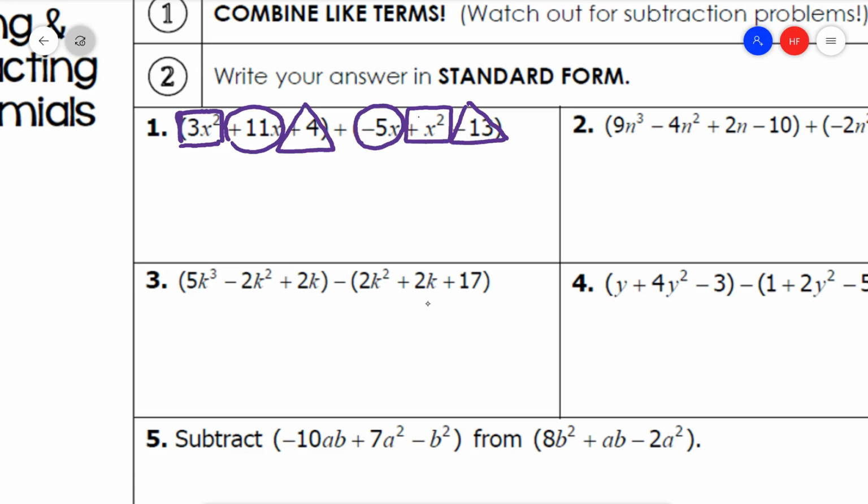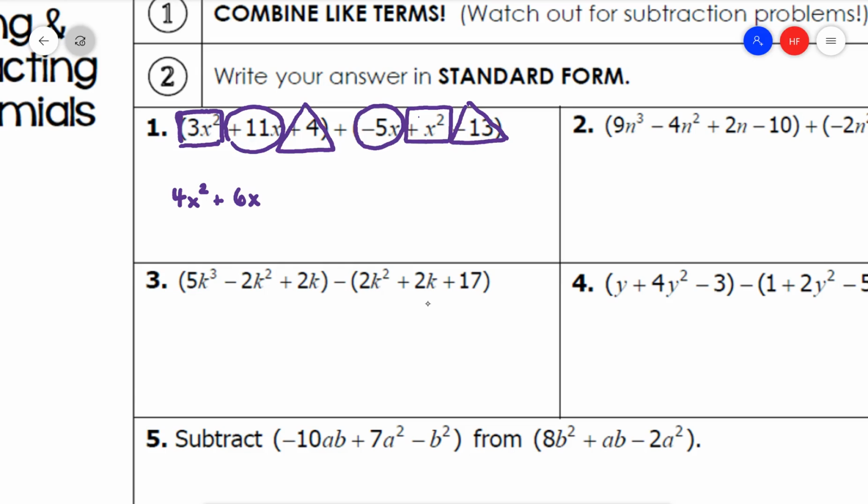So I have 3x squared plus x squared, so 3 plus 1 gives me 4x squared. Then the next would be just an x term, so I have 11x minus 5x. Make sure we're keeping their signs the way they are, which would give me a positive 6x.